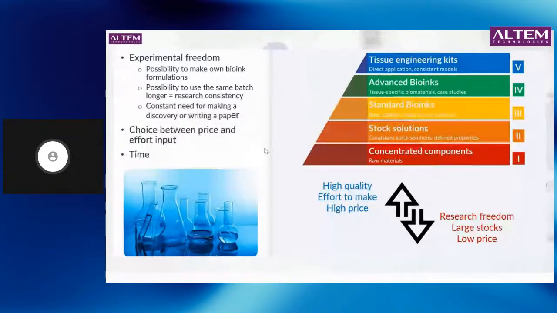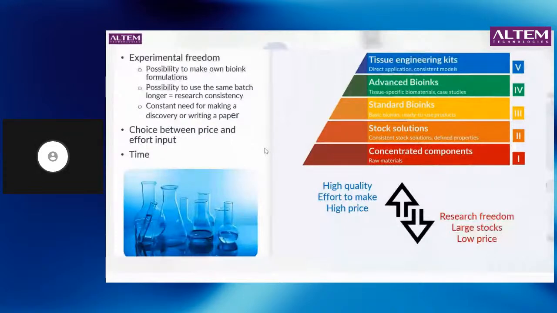So we have charts which can help you understand what type of material is most efficient with what cell type. Then we also have advanced bioinks, which are tissue specific biomaterials, and we have exemplar case studies which can back you up when you are trying to create a tissue model.